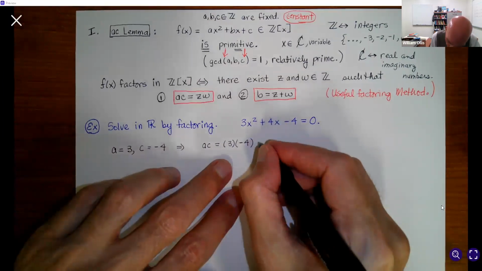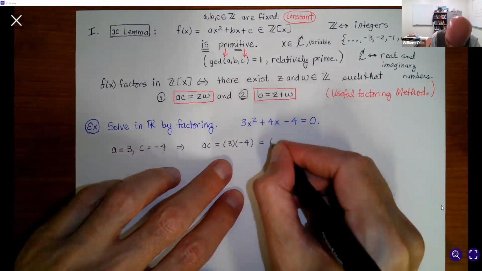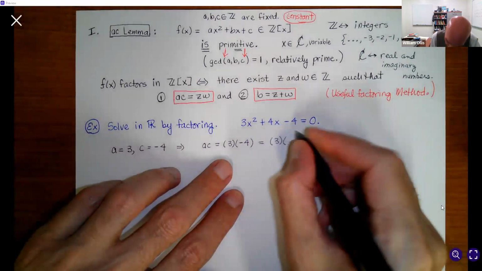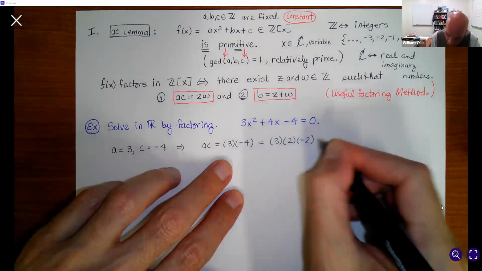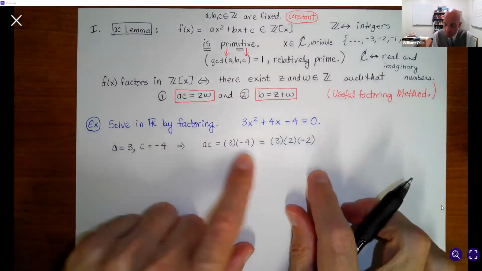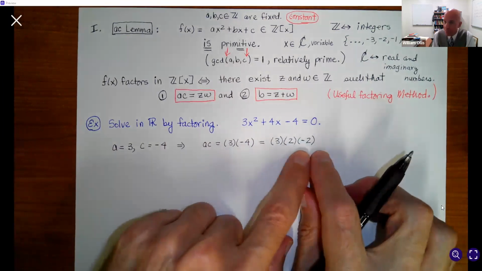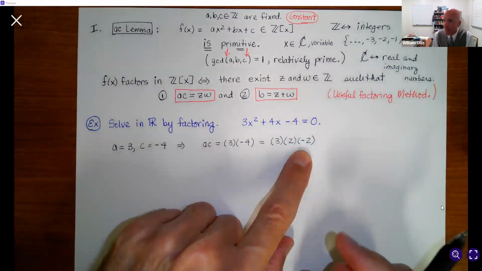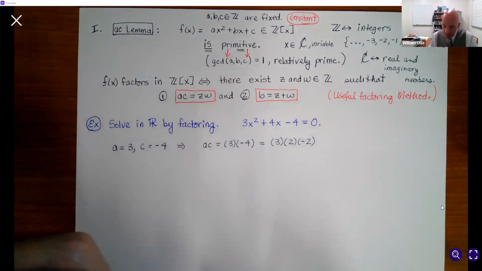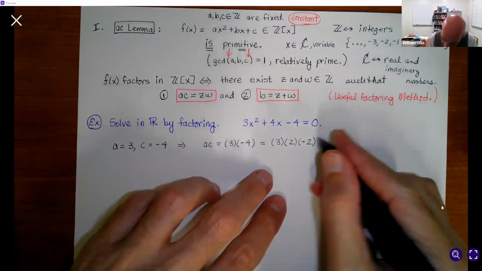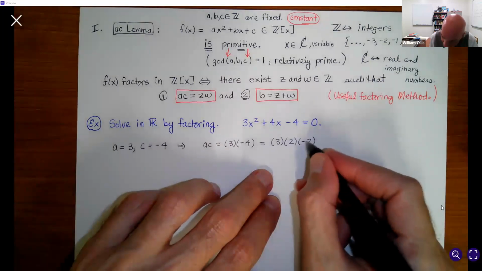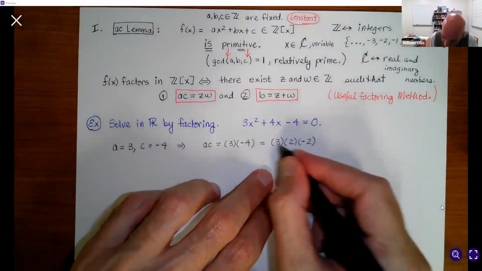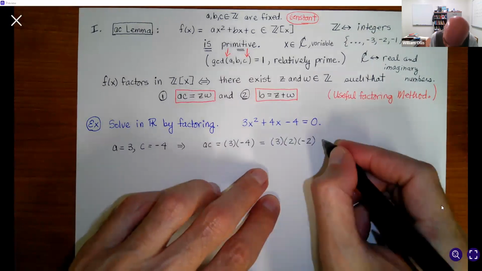So notice first here, we'll think of 3, and we'll think of 2 and a -2. So we simply break down the -4 into 2 times -2, thinking about prime factors. Now what we can do is leave the negative with the 2, and then multiply the 3 and the 2.